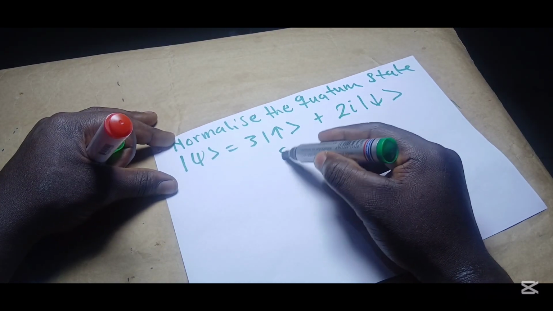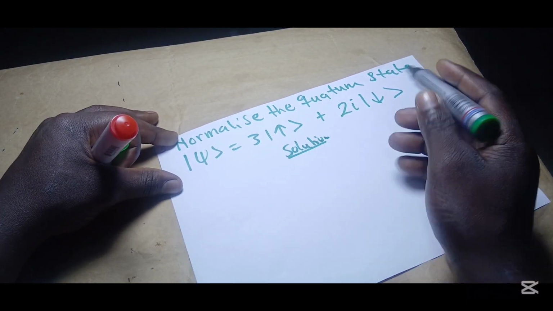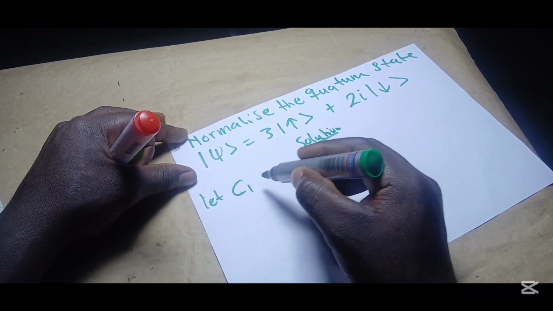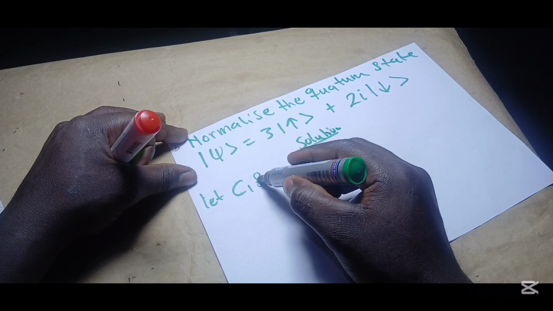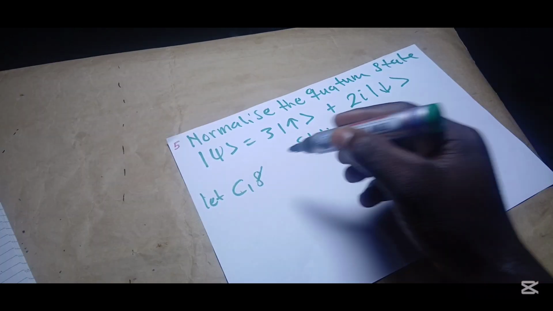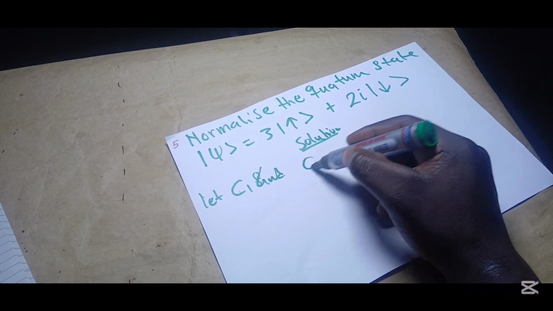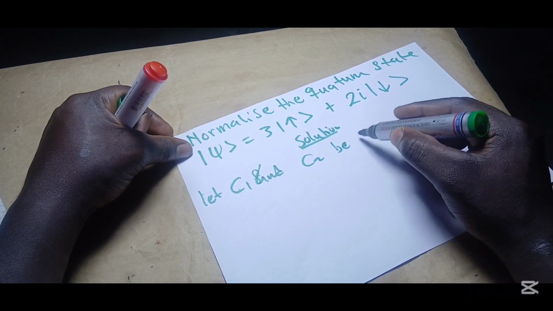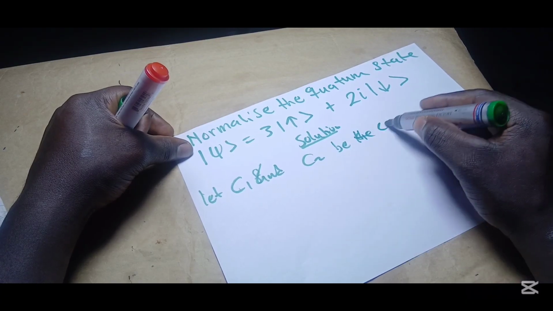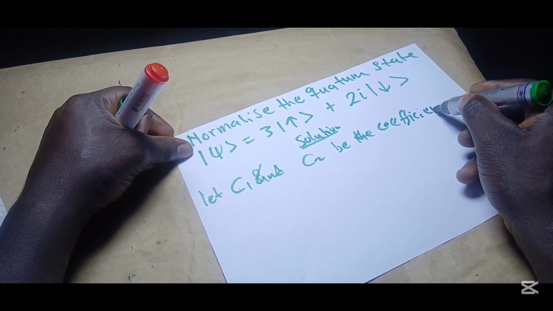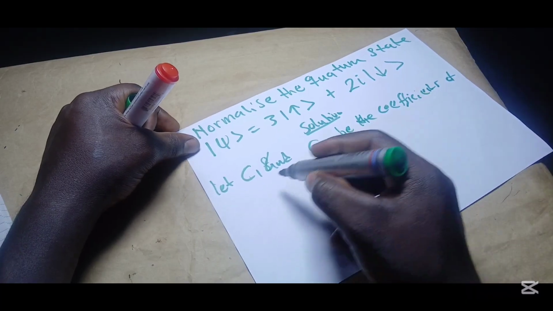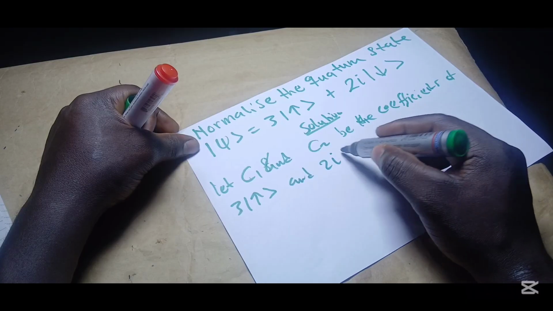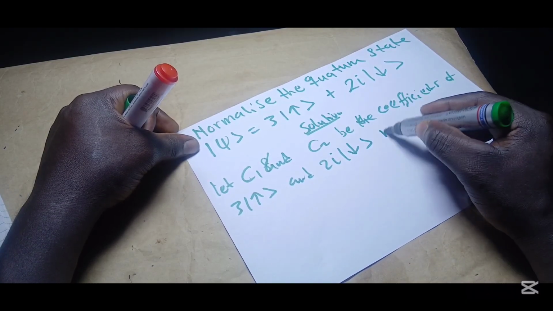But let's try to solve it in the standard way. So we can let C1 and C2 be the coefficients of the 3 spin up and 2i spin down kets respectively.